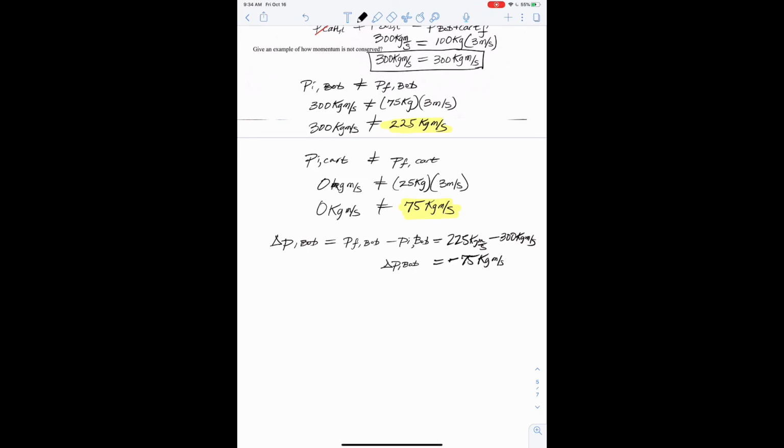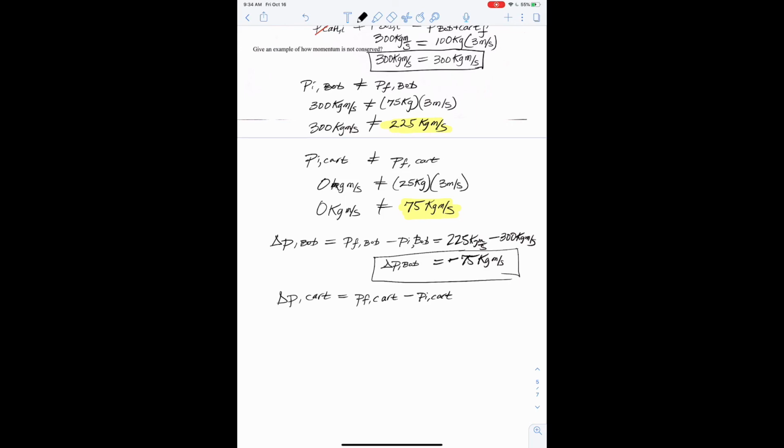Okay, what about delta P of the cart? Now, if it was like last time, it should be positive 75, and I think that's what we're going to see. That the momentum changes for both objects are equal and opposite. And that goes along with the fact that the impulses on both objects are equal and opposite, because the forces on both objects are equal and opposite according to Newton's third law.